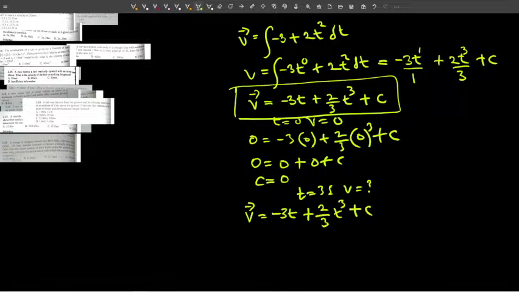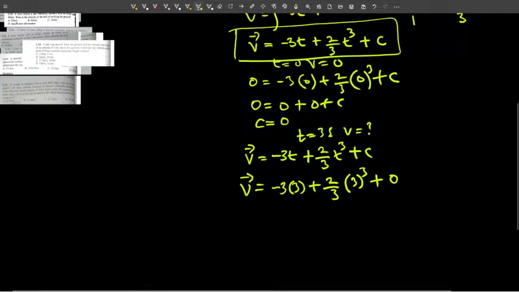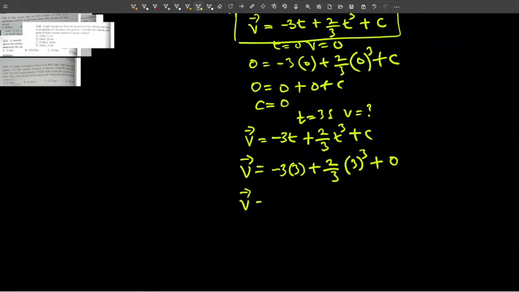Wherever we see t, we put 3. So minus 3 times 3 plus 2 over 3 times 3 raised to power 3 plus c. Our c was found to be 0. So v equals minus 9 plus 2 over 3 times 27 plus 0.